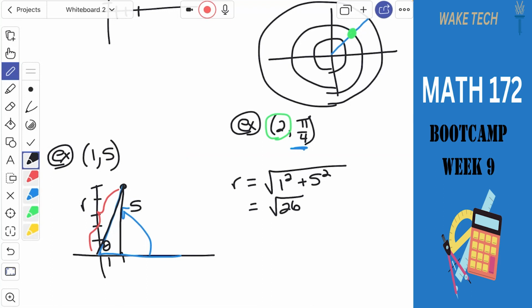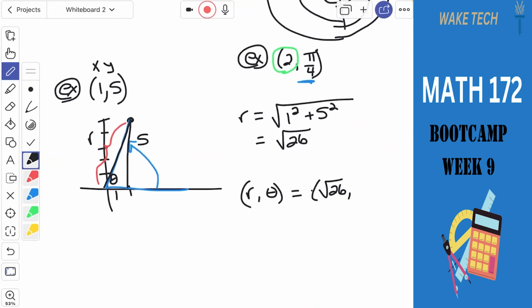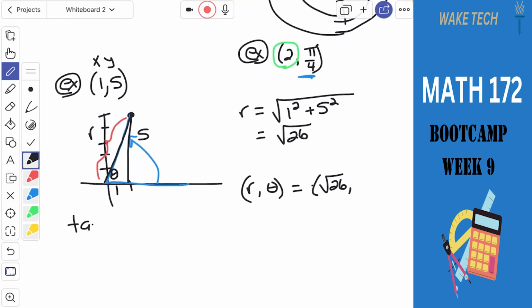So if we're trying to write the ordered pair (1, 5) from an xy ordered pair, we want to convert it into an r theta ordered pair. Pythagorean theorem tells us that r is the square root of 26. To figure out theta, we can use inverse tangent of 5 over 1.